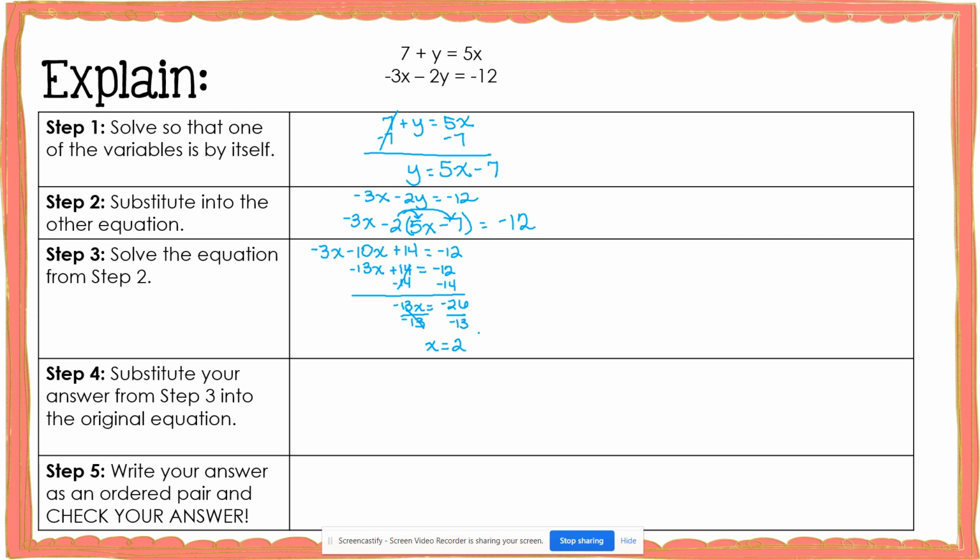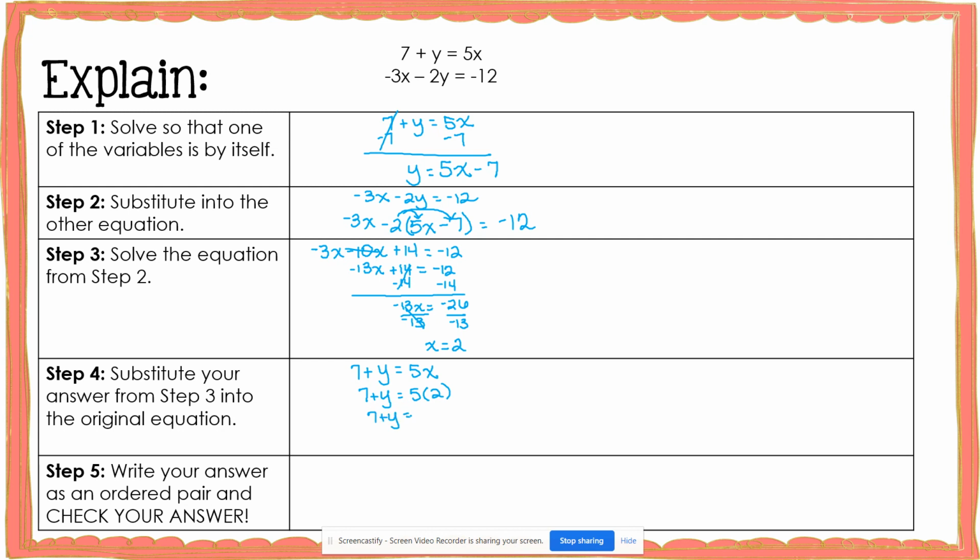So that means that our x variable has a value of 2. So we plug that into our other equation. So our other equation was 7 plus y equals 5x. Well, instead of x, we're going to replace that with 2. So 7 plus y equals 5 times 2.